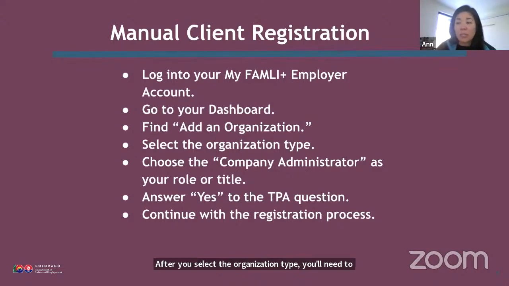And then when you see, are you a third party registering on behalf of this organization, you will select yes to continue. The rest of the process will look familiar to your own registration. Please fill in your client's contact info in the fields as required and click submit. You and your client will receive an email confirmation of your client's registration.